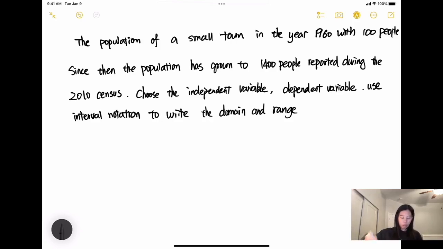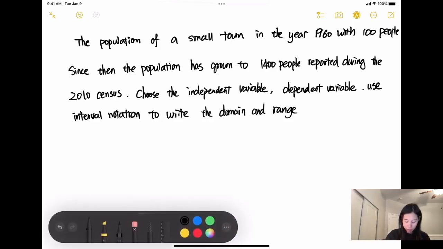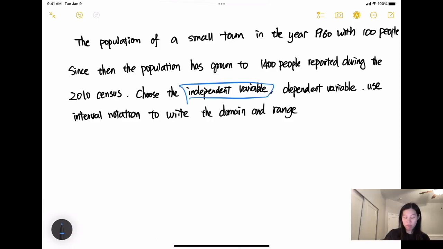Okay, so now let's take a look. What will be the dependent variable? What is the independent variable? Independent variable means the input. Dependent variable means the output. So when you do the census, you put in the year, and the output is going to be the population.